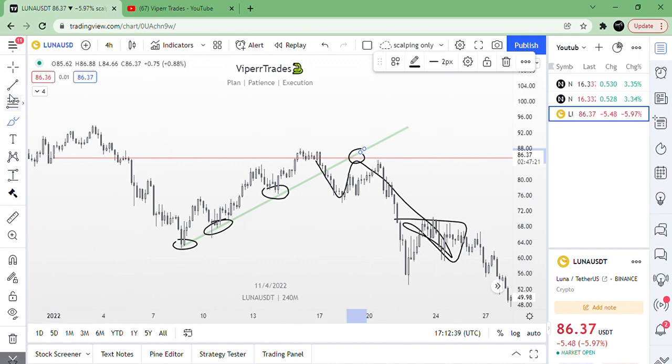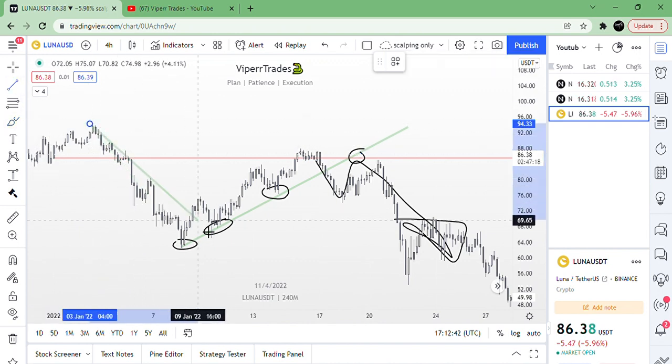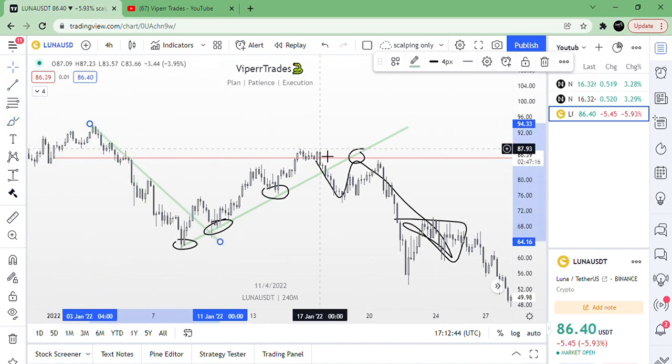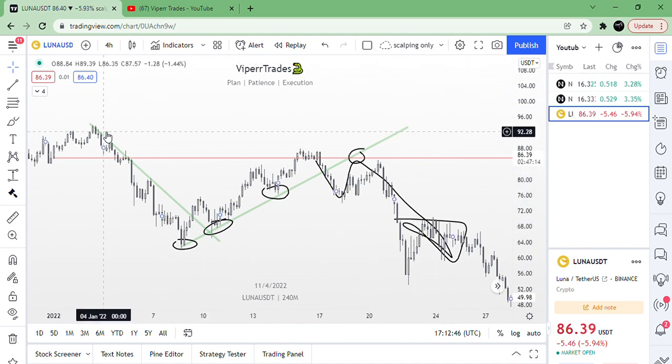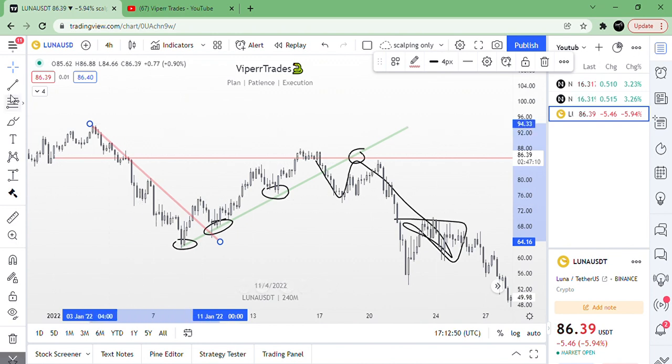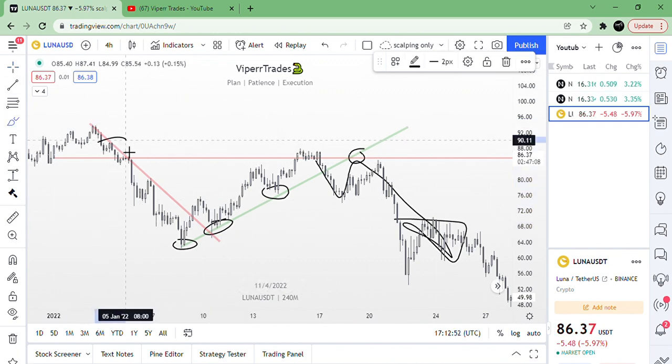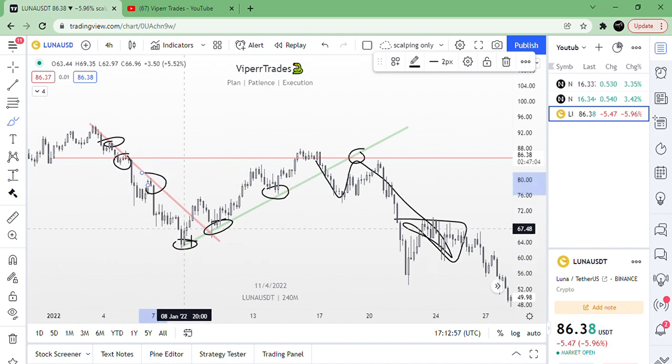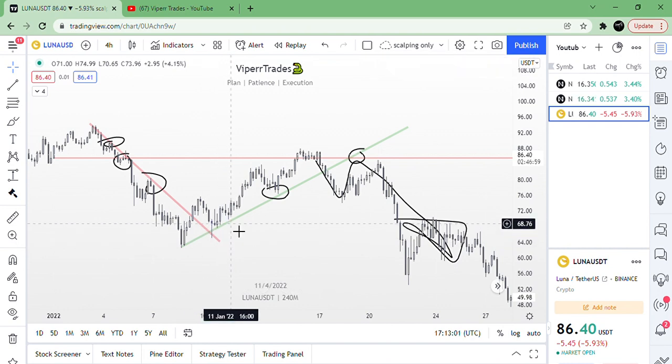And you can see here as well, price is resisting here. Let me just make that red for resistance. So you can see here, price is resisting here, here, here, and you can see price flips. So let me remove this.